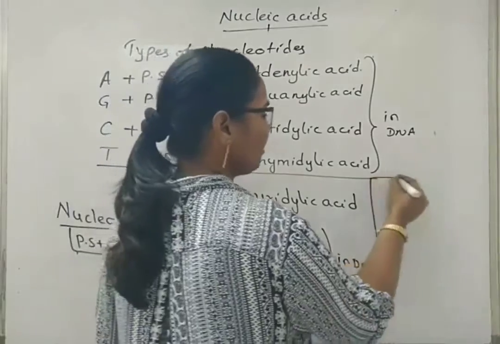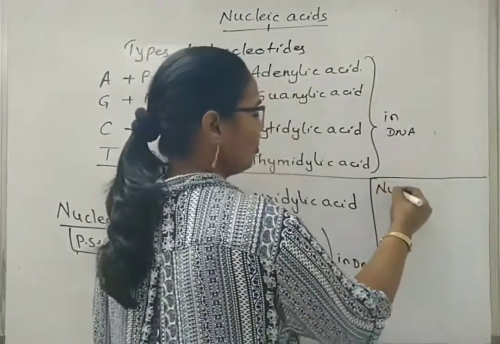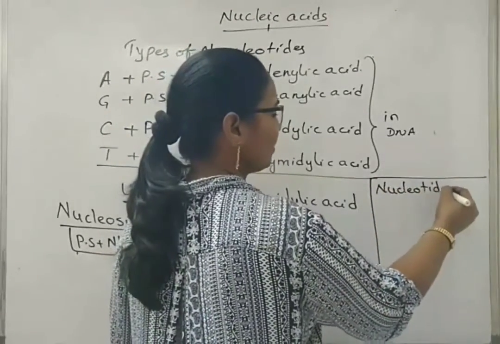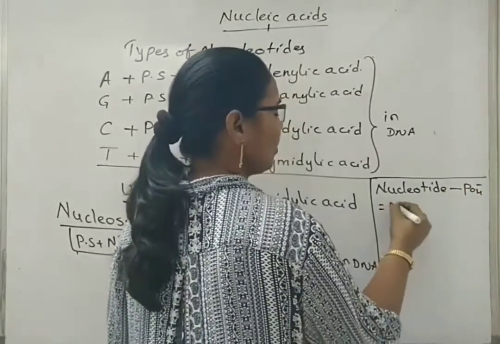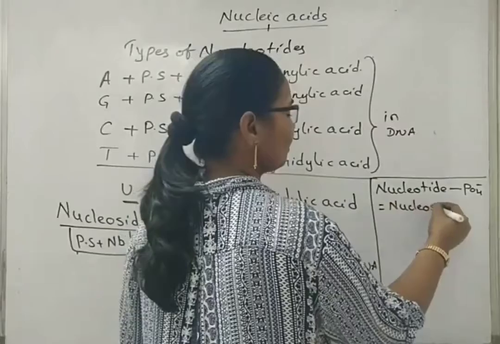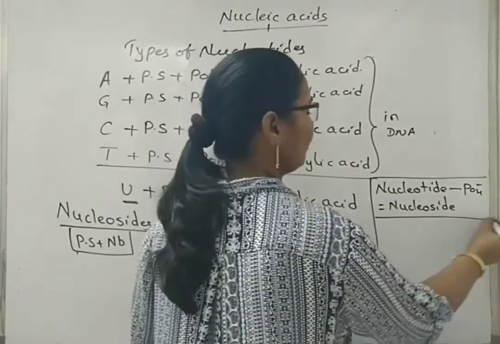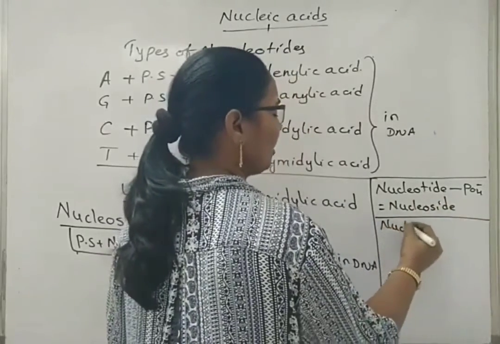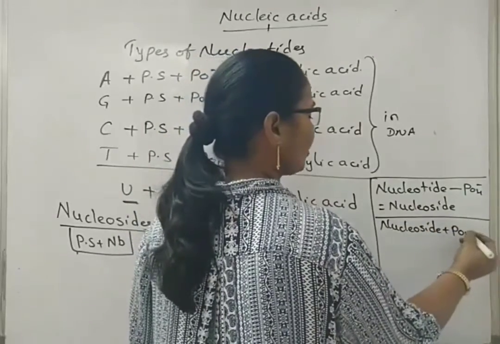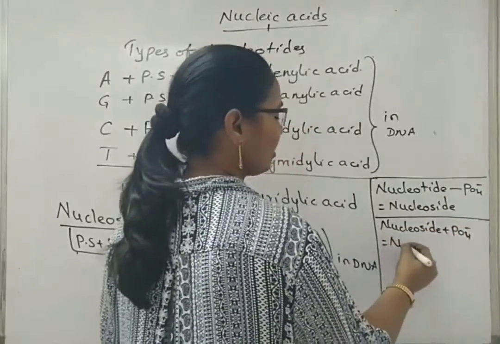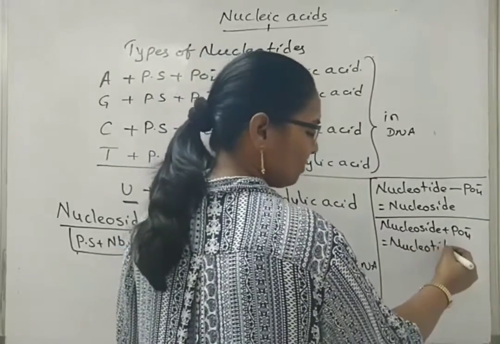We can also simplify this one as nucleotide minus phosphate molecule is equal to nucleoside. Or we can also write nucleoside plus phosphate molecule is called nucleotide.